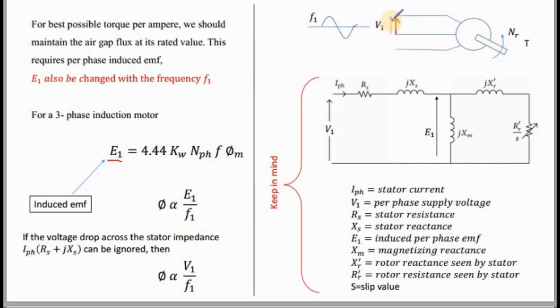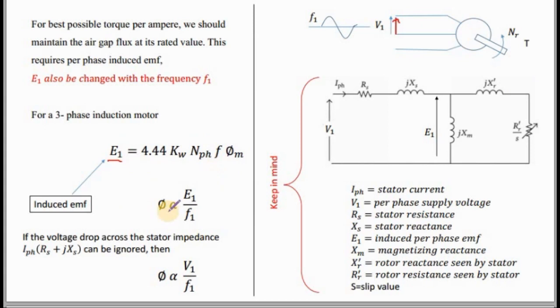This is stator. E1 is the voltage induced at rotor. So that is equal to 4.44 kW NPH F psi m.